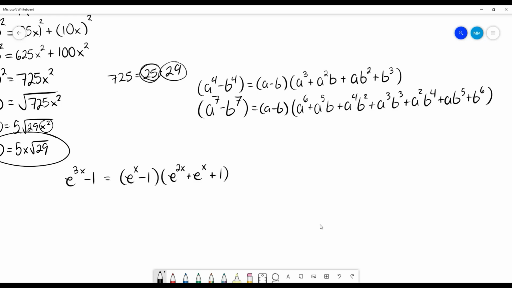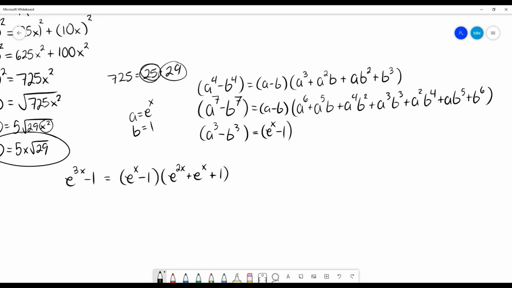So what we're seeing here in our case is that we've got a cubed minus b cubed, in which case our a equals e to the x and our b equals 1. So what we're going to have is e to the x minus 1, right?